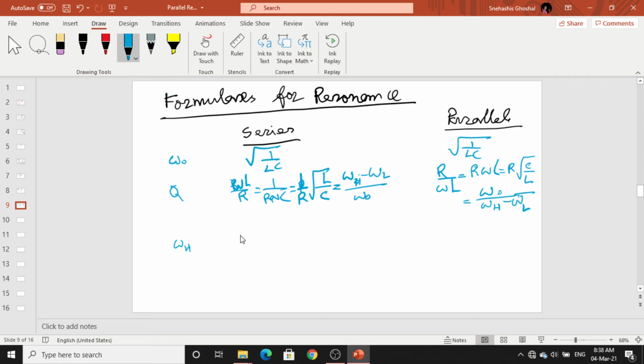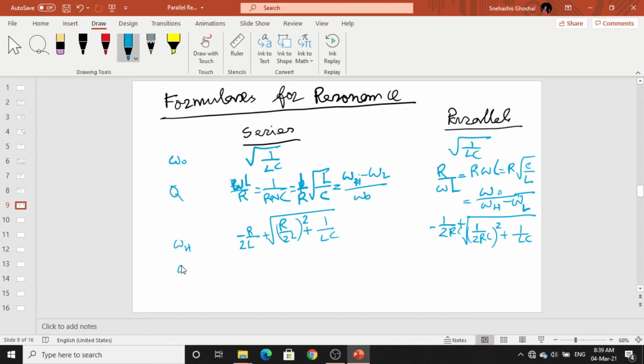In case of series resonance, it was minus R by 2L plus root over of (R by 2L) whole square plus 1 by LC. In case of parallel resonance, omega high is 1 by 2RC plus root over of (1 by 2RC) whole square plus 1 by LC.